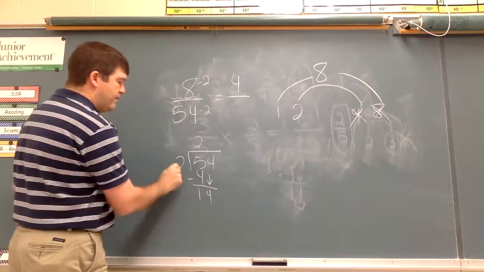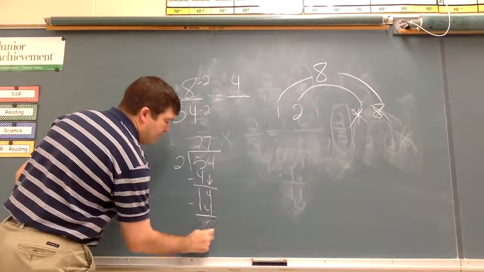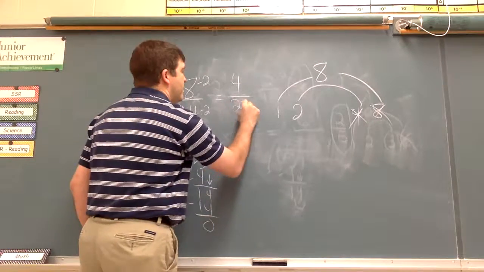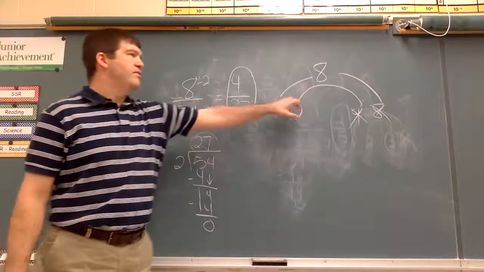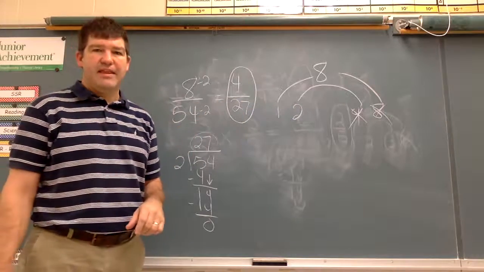Bring your 4 down. 2 goes into 14 7 times. It goes even, and you're done. So, 27. Simplifying 8/54 using my rainbow factor method, I get 4/27.